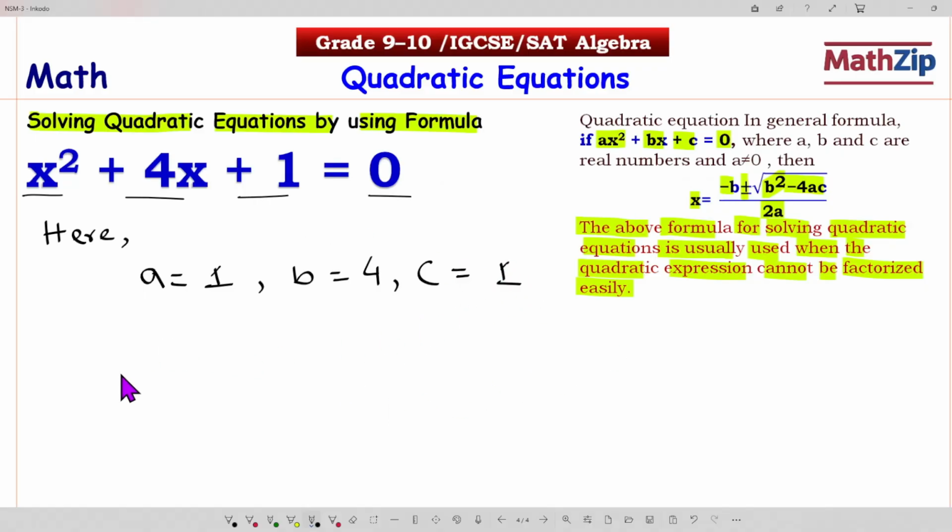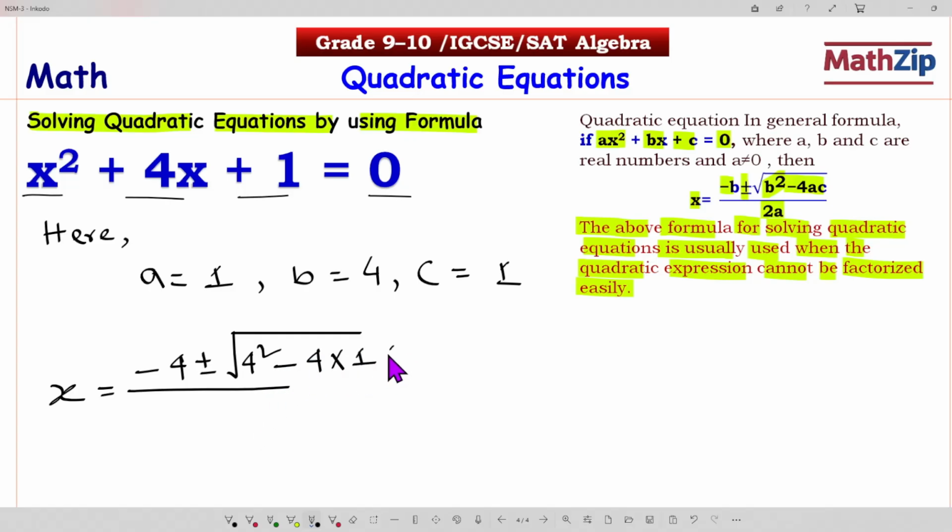Now we will put these values. x equals minus b, minus 4, plus minus root over b square, it means 4 square, minus 4 times a, which is 1, times c, which is also 1, divided by 2 times a, which is 1.